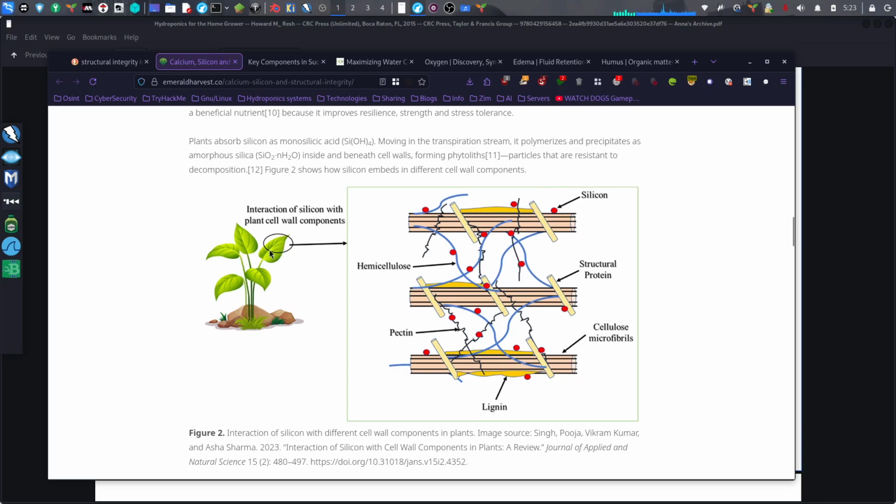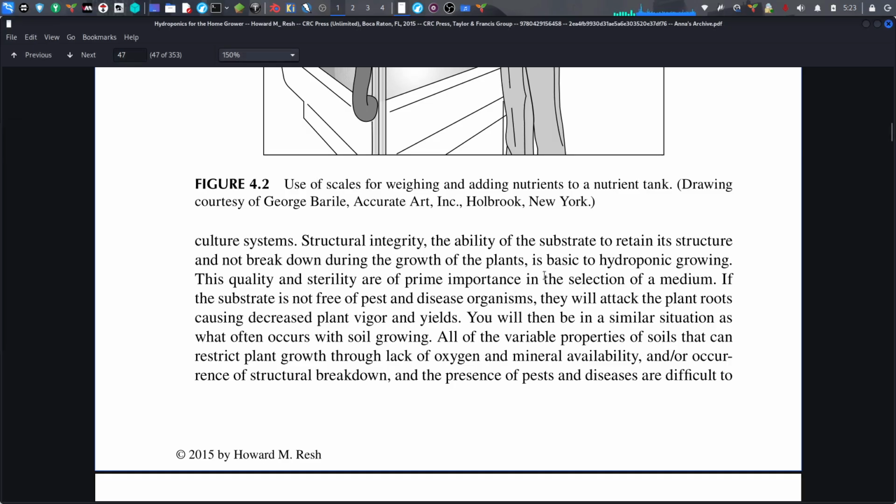Plant cells can be broken if we use big or very small components in nutrient solutions. Quality and sterility are of prime importance in the selection of a medium.